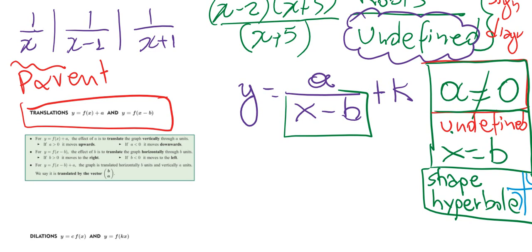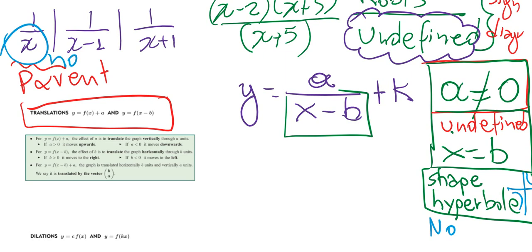It is approaching 0, but never touches the x and the y axis. Very important to remember that. That means it has no asymptote in the real form, in this form, in the parent form.